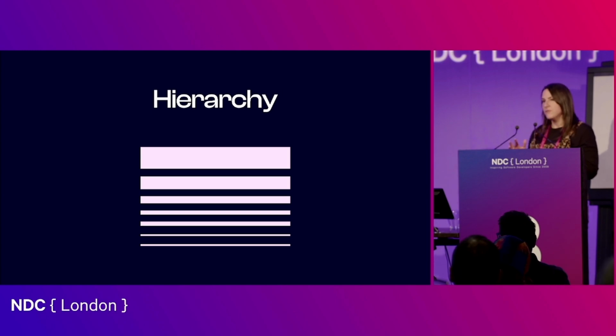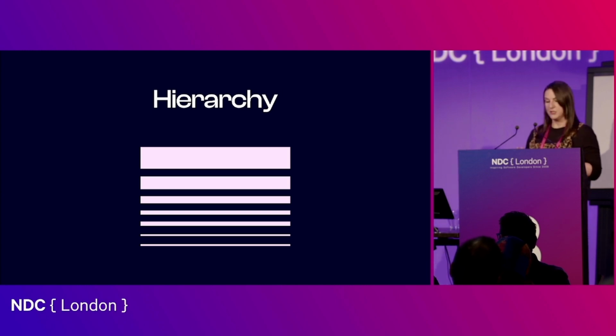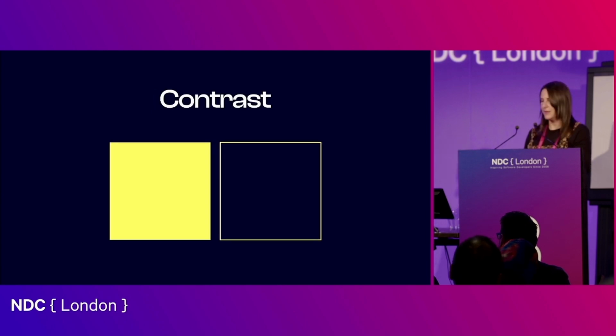It is a relatively simple principle to implement in design because there are quite a few ways to do it. And one of the easiest ways is scale. So naturally, the biggest thing on the page is probably the most important. But there are other ways that you can do that. You can use color, alignment, repetition, brightness, and contrast as well, which leads me nicely into the next principle.